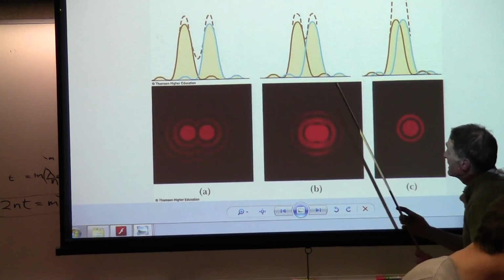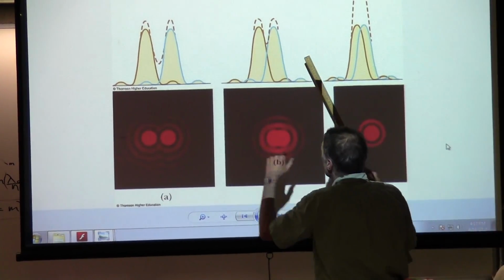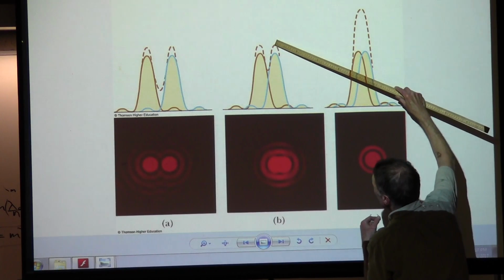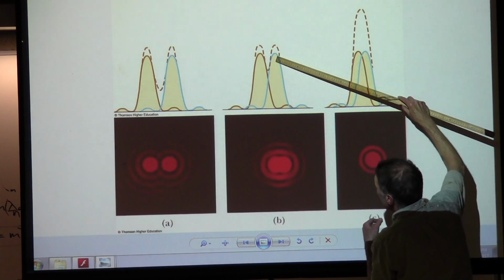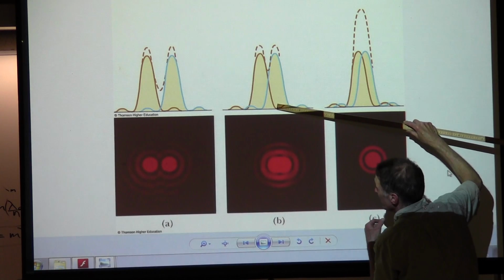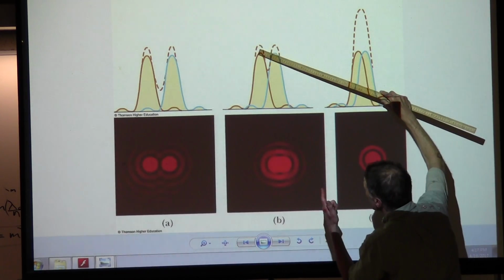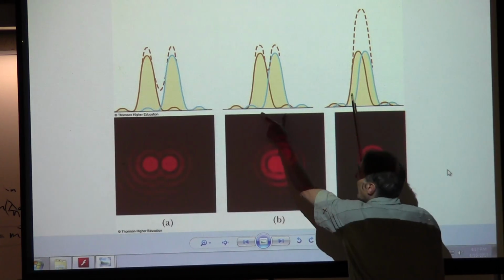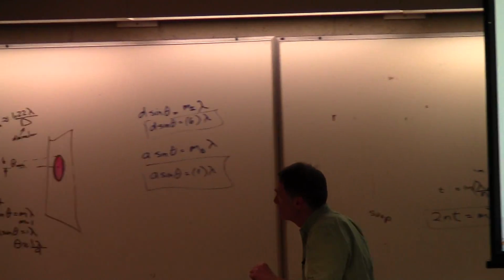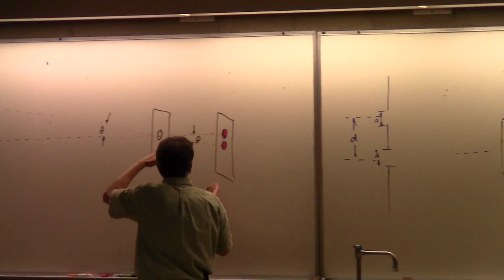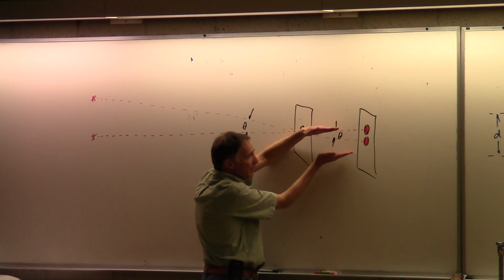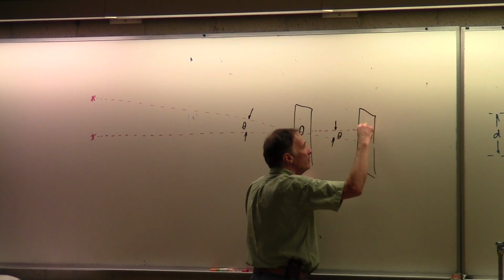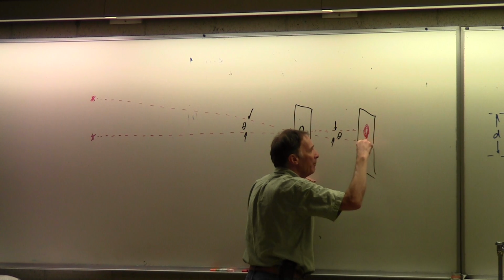And here's the basic idea: we're going to get them close enough together, and this is kind of an arbitrary choice, but they chose that the maximum of one sits right at the minimum of the other one, and this one's maximum sits at this one's minimum. Meaning that the angular spread of those two things, if I want to bring them closer together, I want to get them so that they start to more kind of overlap.